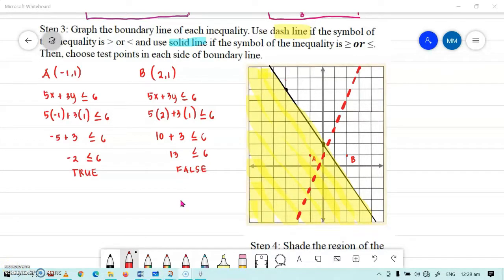Now let's check which side of our boundary line we shall shade for the second inequality. Looking at our graph here, we can see that points A and B are coincidentally located on each other side of the boundary line. So let's use them to identify which side of the boundary line we shall shade.